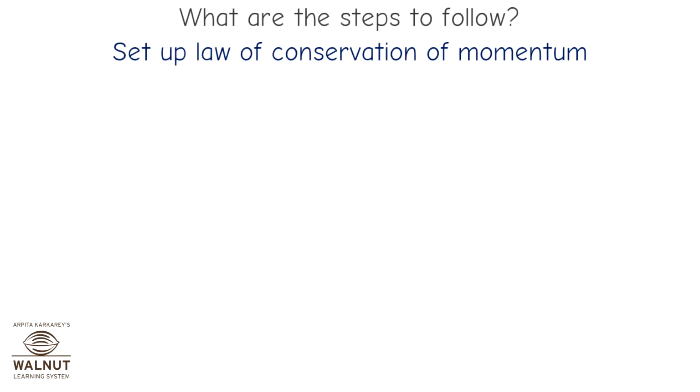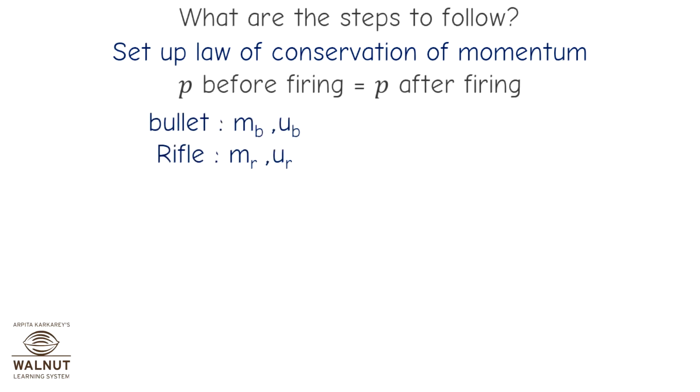What are the steps to follow? Set up law of conservation of momentum. P before firing and P after firing. Before firing for bullet mb and ub, after firing for bullet mb and vb.